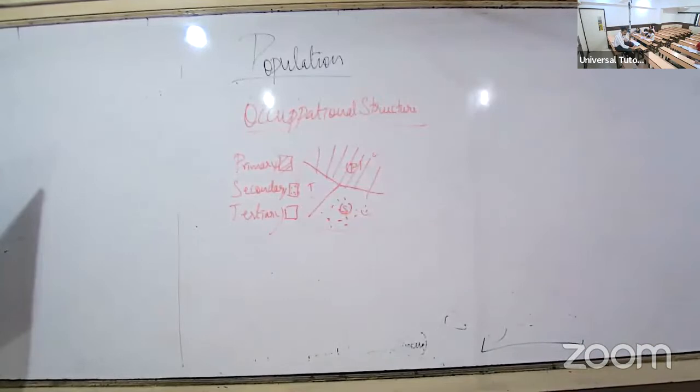Right now, the majority of employment comes from the primary, that too the agricultural sector. Write in brackets: requires both skilled and unskilled workers.